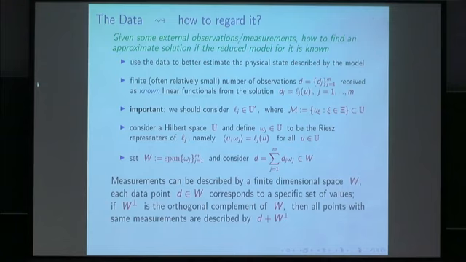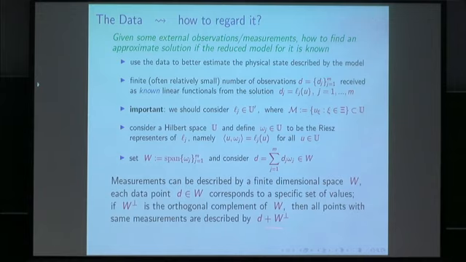So what that means: we have the space W, we have a point D in it, and we want to find a solution which satisfies these data points. That means the solution would be in D plus W perp.